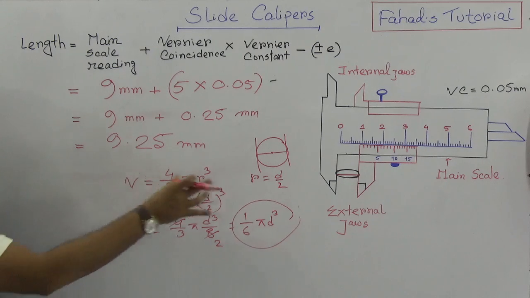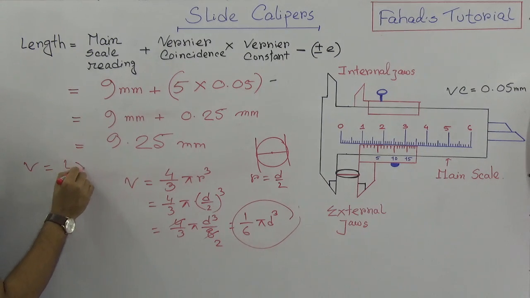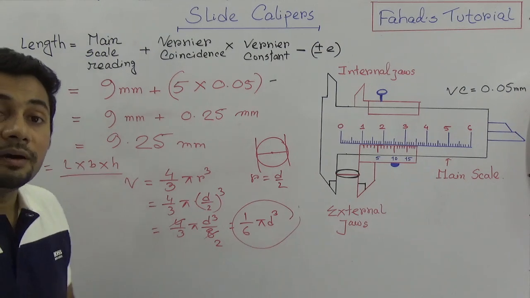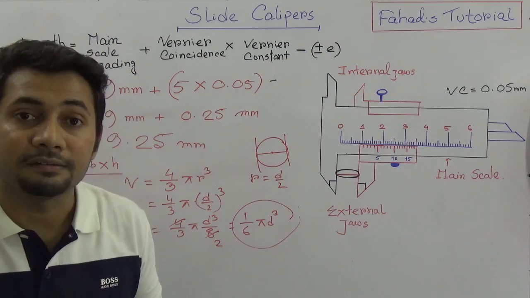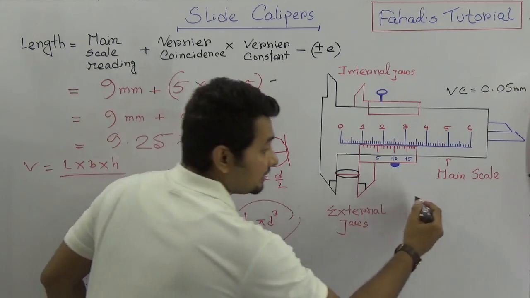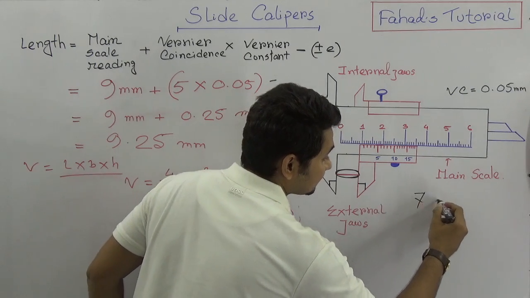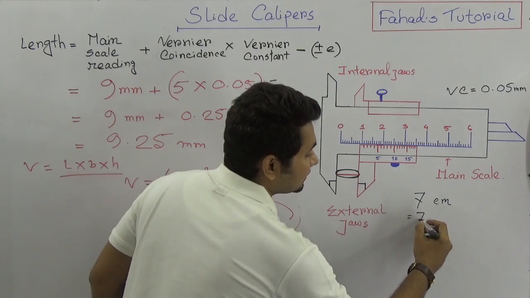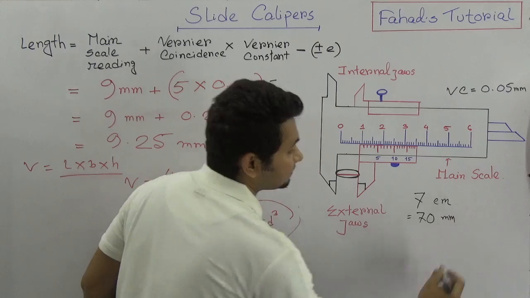Even in the case of a rectangular shape, we can find length times breadth times height. But we must be clear about centimeter and millimeter. If centimeter is given, suppose 7 centimeter, in case of finding millimeter, it should be 70 millimeter.